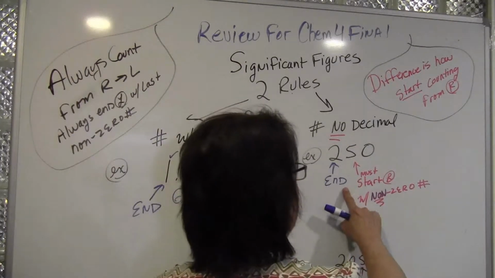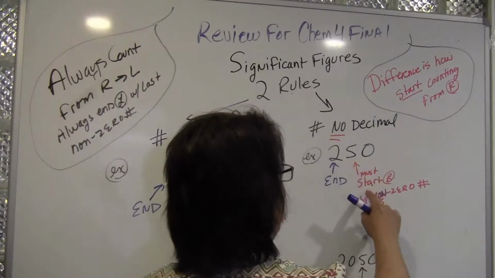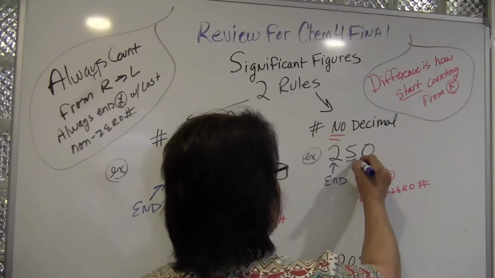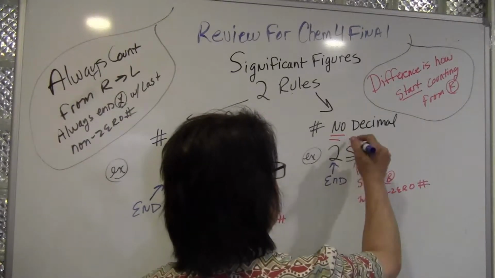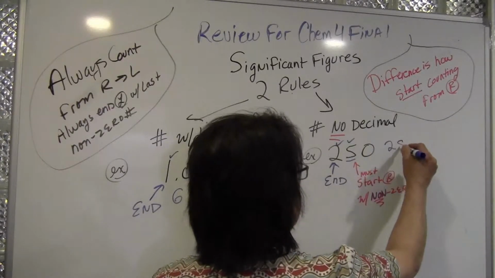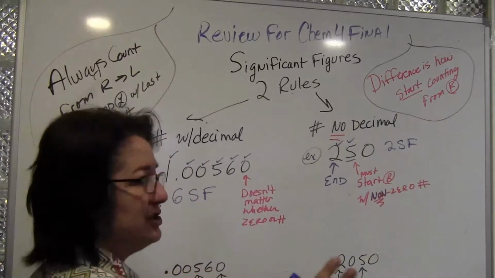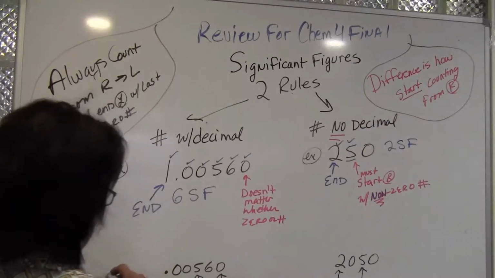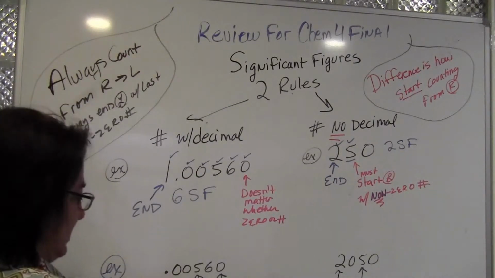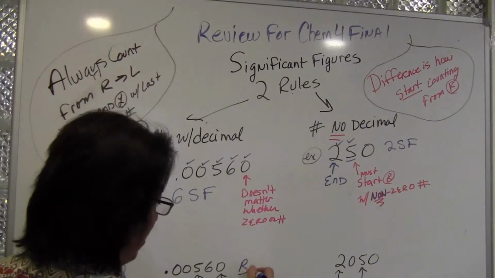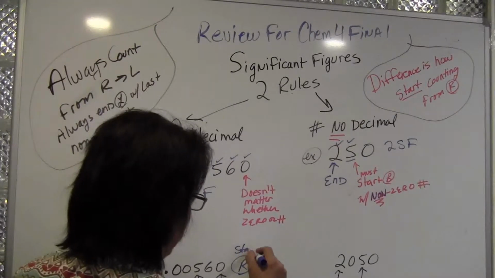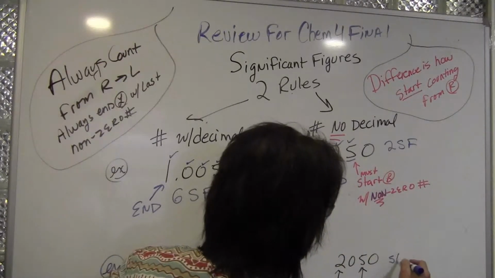So in this example, how many significant figures do we have? We're starting on the first non-zero. So 1, 2. 2 significant figures. Let's look at another example with a decimal. Doesn't matter, you start on the right always. You're always going to start on the right, decimal or not.